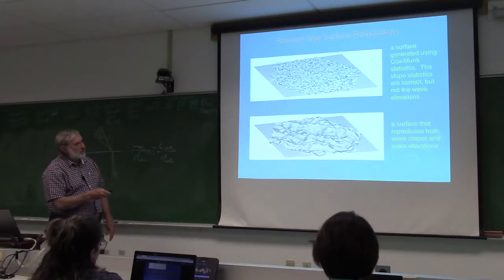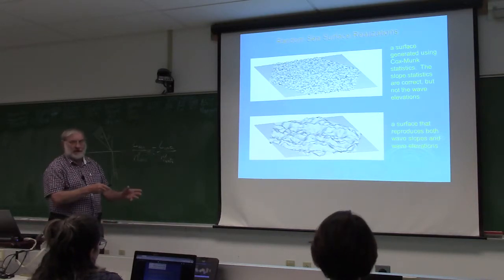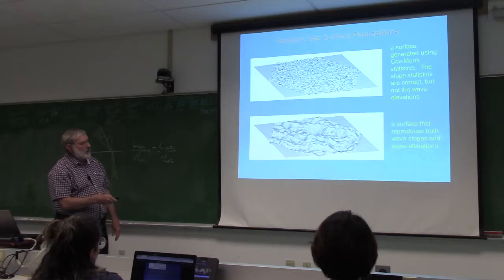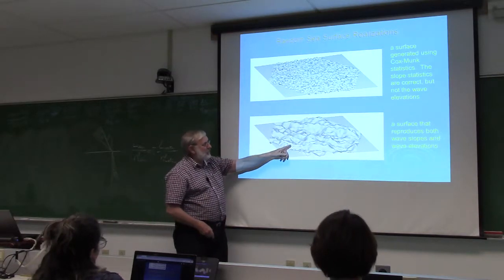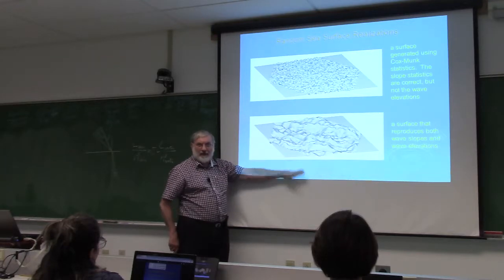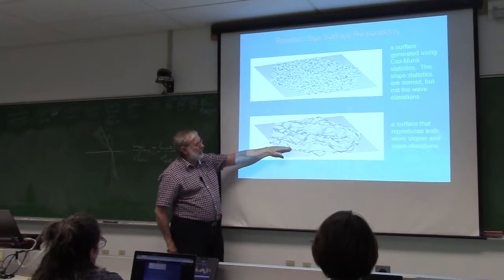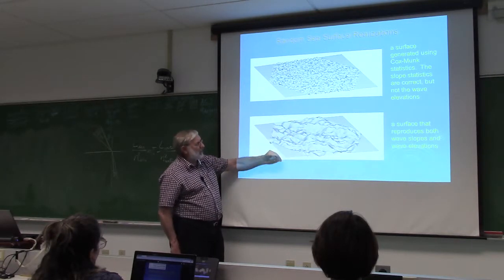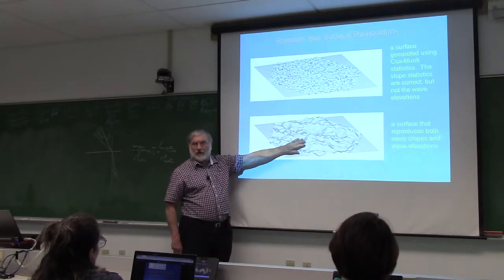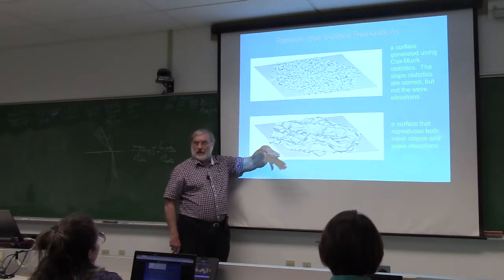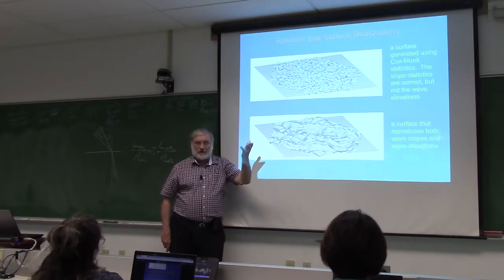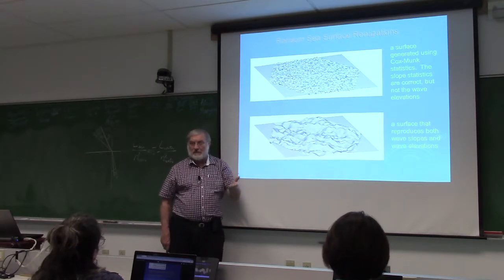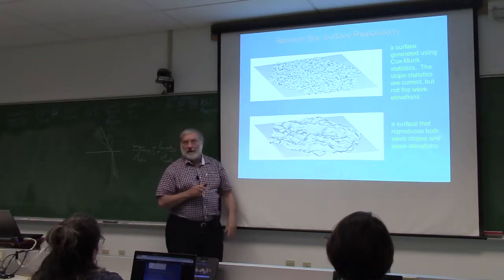Here's the same thing generated, same wind speed and all of that, with a more realistic model of sea surfaces that reproduces both the slopes and the elevations. So you look at this, and of course it's expanded vertically, but this now looks more like a real sea surface. So when you're doing optics calculations, like how does this surface reflect and transmit light, this is fine.